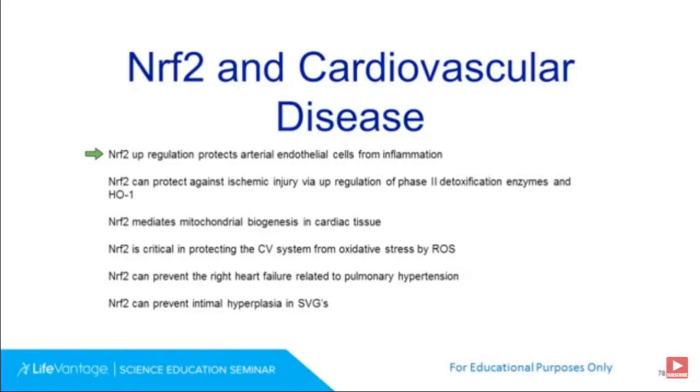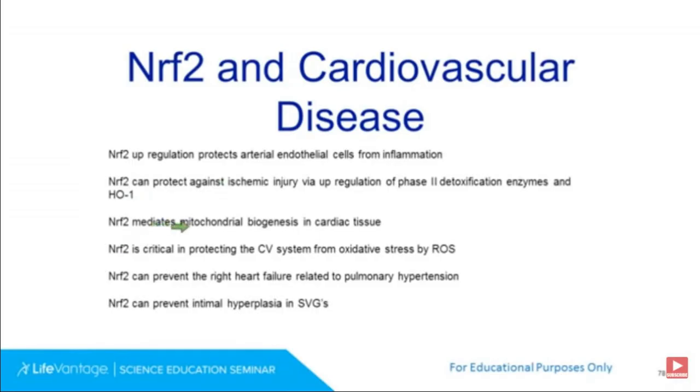So activating Nrf2 may be beneficial in that regard. It upregulates detoxification enzymes, so you may actually protect against ischemic injury. When I was a cardiology fellow, one of the studies that we were doing was in patients who were having heart attacks. We were injecting superoxide dismutase down their coronary arteries to try to reduce the size of the heart attack. That's what they're talking about here.